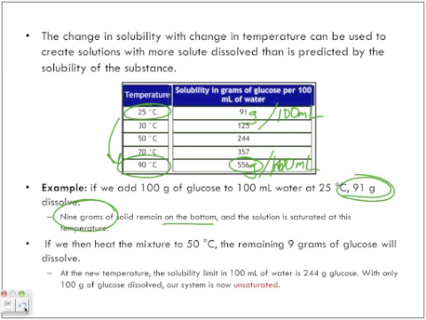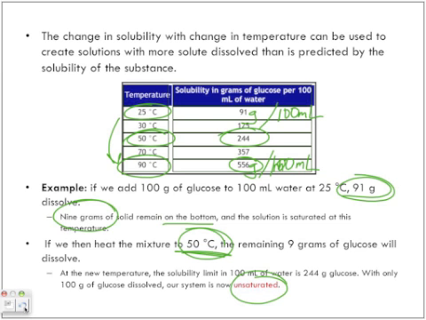If we heat the mixture up to 50 degrees Celsius, the remaining 9 grams of glucose will dissolve. And at the new temperature, the solubility limit in 100 milliliters of water is 246 grams. With only 100 grams of glucose dissolved, our system is now considered unsaturated. Now, we went from saturated to unsaturated. Why? Well, we've increased the temperature to 50 degrees Celsius. At 50 degrees Celsius, we can dissolve up to 244, but we've only put in 100 grams.